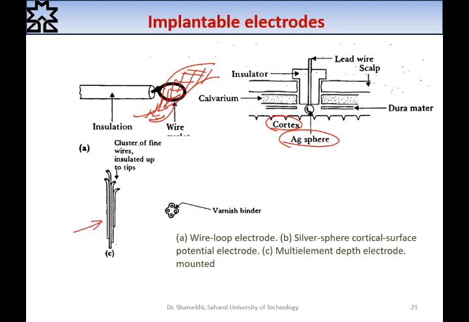Some fine wires are placed in this structure using some varnish binder, and these types of implantable internal electrode can be used to record from various depth inside, for example, brain or a tissue.